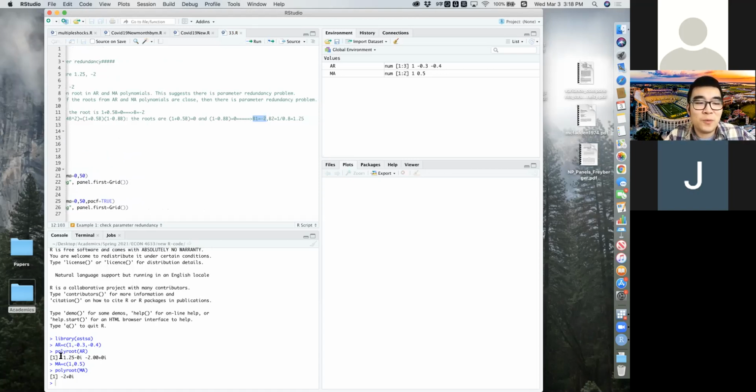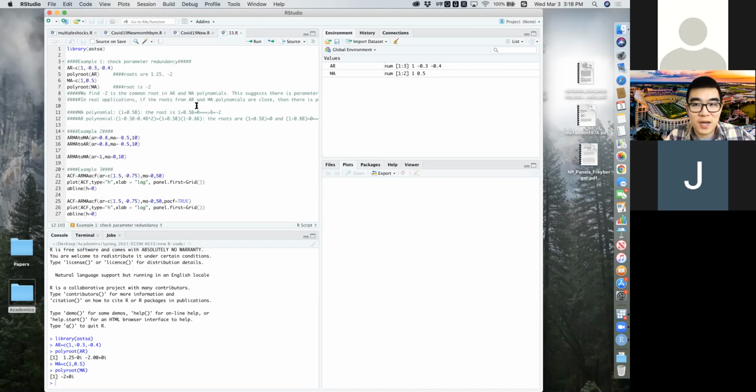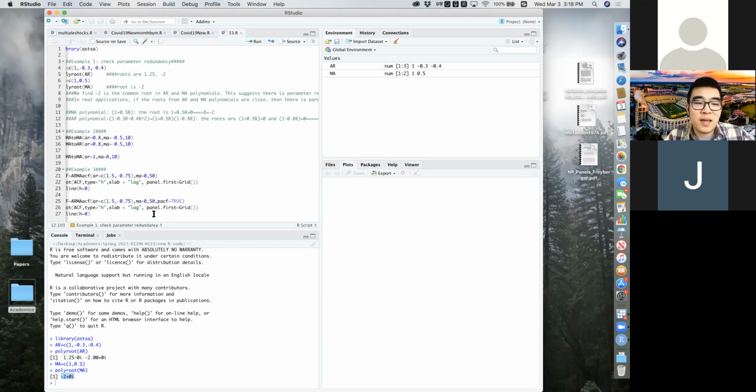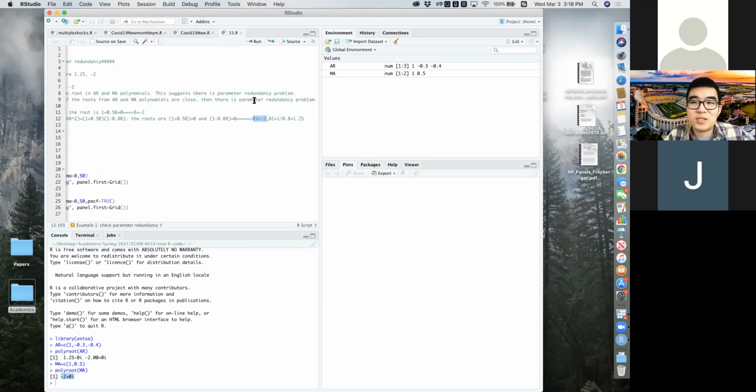That's why we ask the computer to find the roots for us. And I also point out that in real applications, we really cannot have a clean -2 here. But if you find that the roots from the AR and MA polynomials are very close to each other, this suggests you have the parameter redundancy problem.